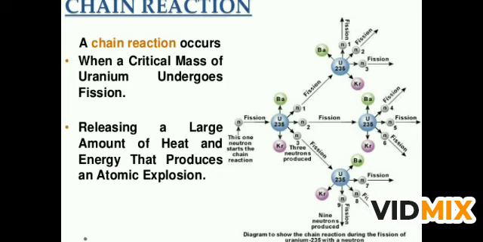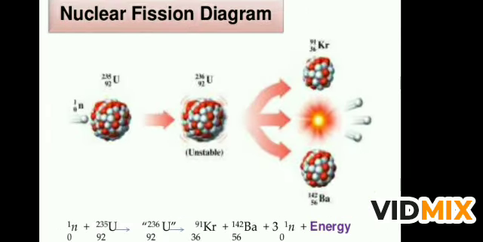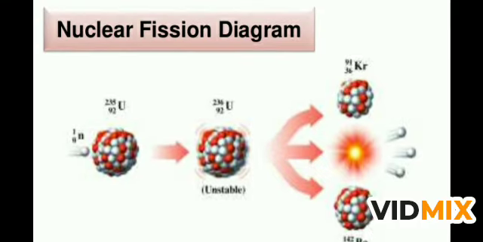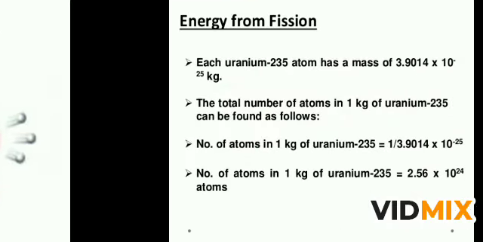When it starts, it is very much difficult to control it. This is also a nuclear fission diagram. One neutron attacks the uranium, and it is unstable, breaking into 2 parts, krypton and barium, releasing 3 neutrons.